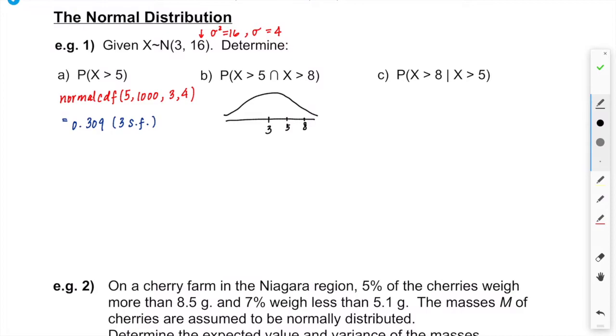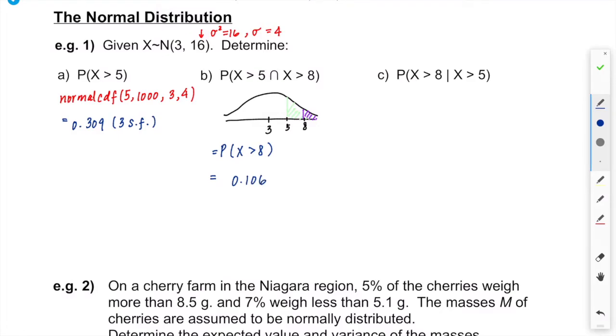So the area that's greater than 5 is here in green. The area that is greater than 8 is over here. So essentially, what we are really looking for is p of x greater than 8. Okay? So using your graphing calculator, you should get 0.106.